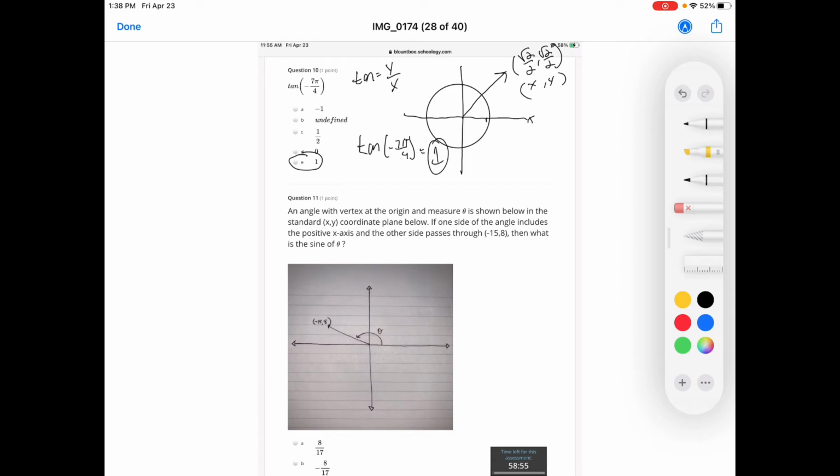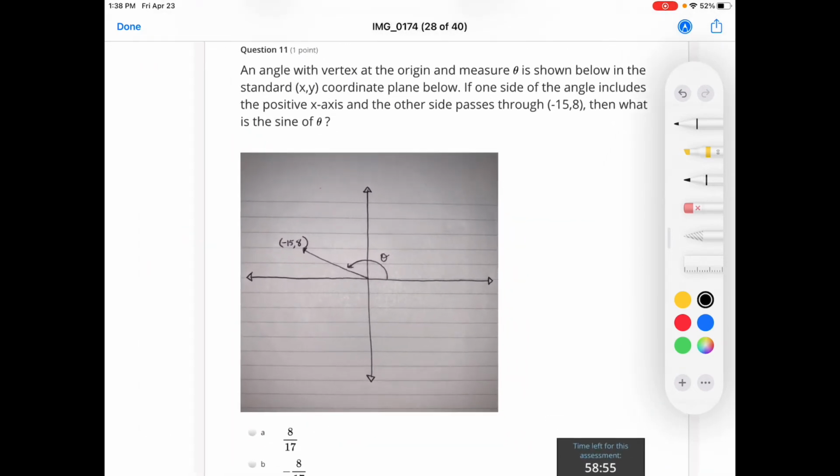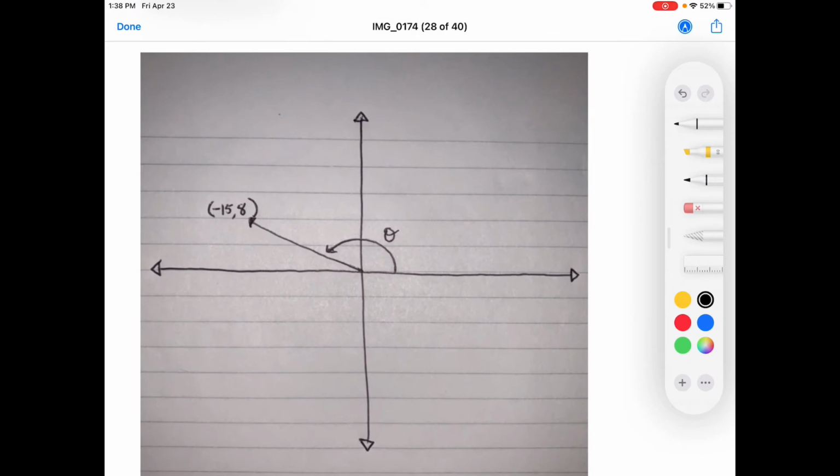All right, let's look at number 11. Number 11 wants us to find sine of theta. Well, let's draw our right triangle here. It gives you the coordinate negative 15, 8.